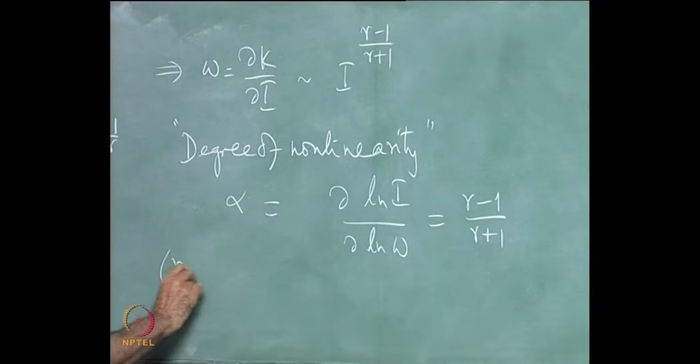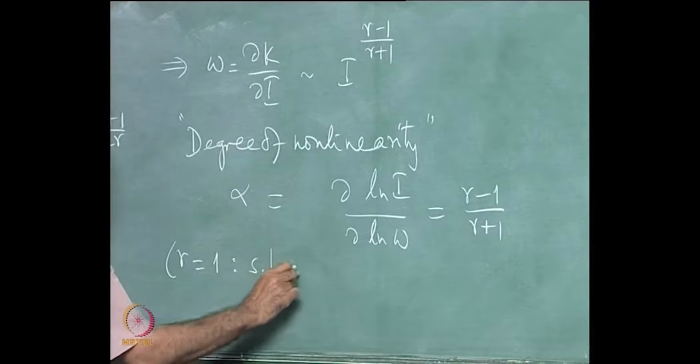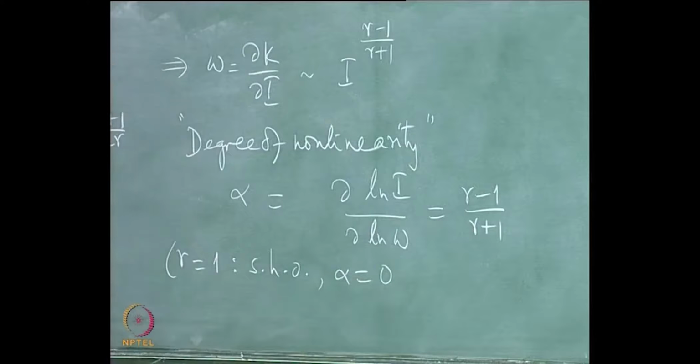Notice that r equal to 1, which is the simple harmonic oscillator, alpha is 0, no nonlinearity, and as r tends to infinity, the nonlinearity tends to the value unity.